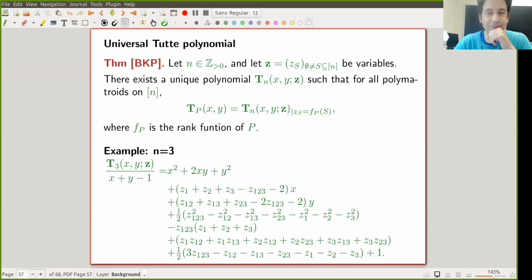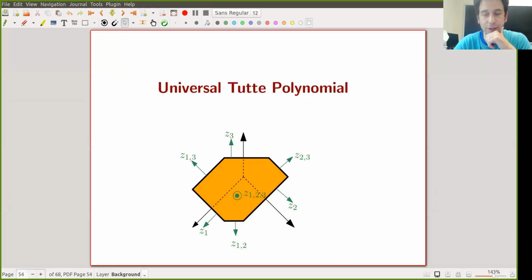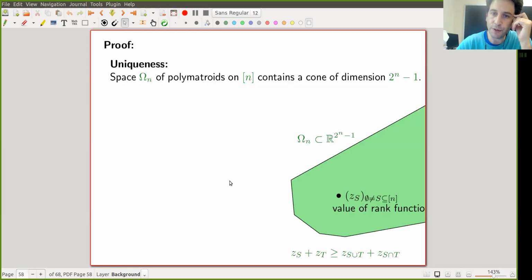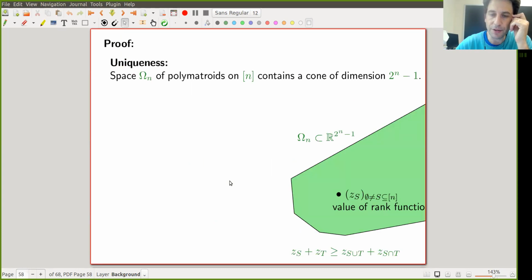Here's a generic picture of a polymatroid in dimension 3, where all the facets are there. But matroids are the worst. They are very degenerate. In terms of the space of polymatroids, they sit at very low-dimensional faces.